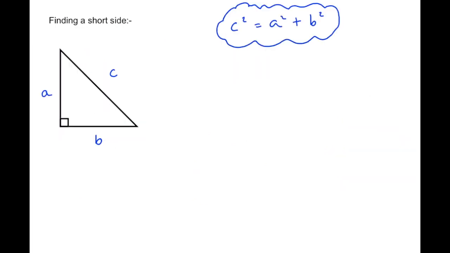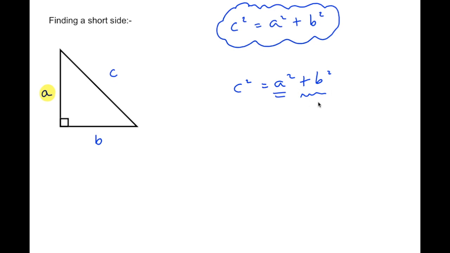So far we've been looking to find the longer side using Pythagoras, but what happens if we want to find a short side? In this example, say we're finding side A. If I want to find side A, all I need to do is rearrange the formula. I want to find this, therefore I need to get rid of this section here.